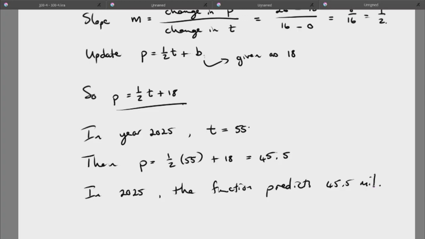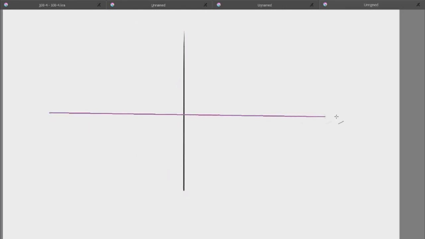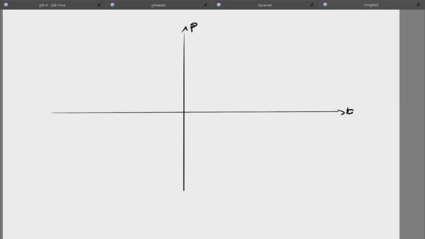Usually, when you get a linear function to use as a prediction, it has very limited use. You can't look very far into the future.